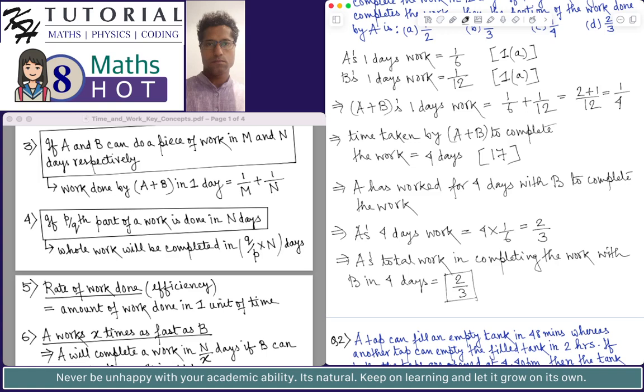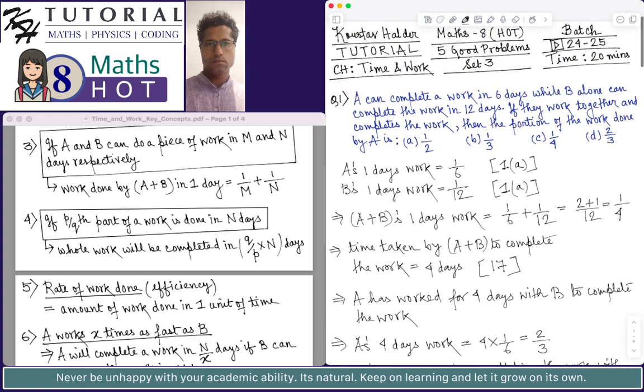So 2 by 3 fraction of the total work was done by A in 4 days in completing the work. Similarly, we can say that the remaining work, that is 1 minus 2 by 3, which is 1 by 3, that is 1/3 of the total work, was completed by B. So the correct choice is D. D is the correct choice.